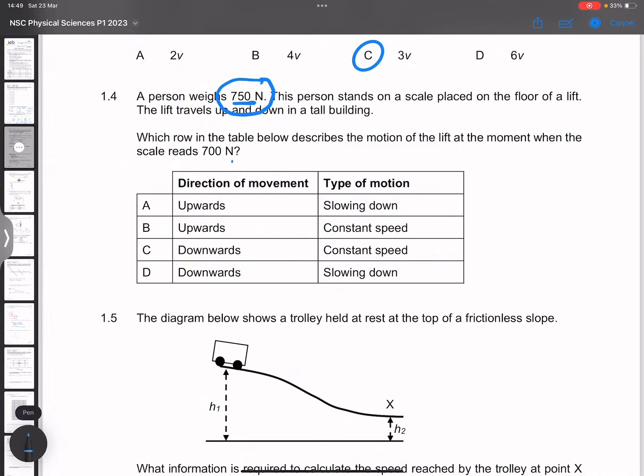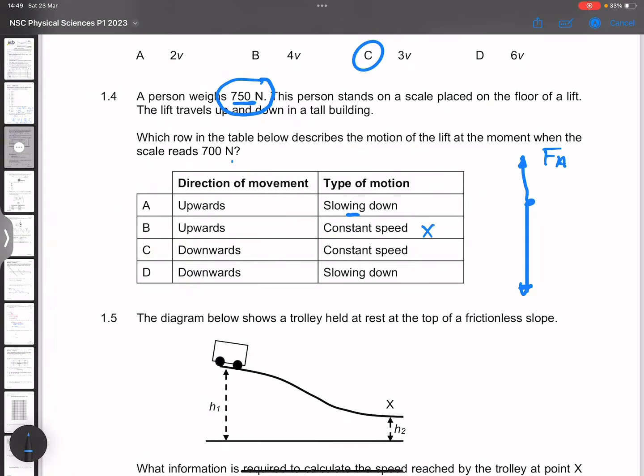If we are moving up and we are slowing down, now think about it. If we're slowing down, even though we're moving up, it means the force downwards is greater than the force going upwards. And remember what I said, the scale is actually reading the value of the force that is applied upwards. So I would believe A.